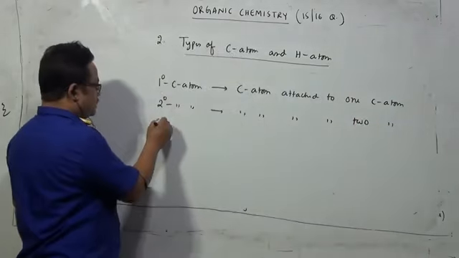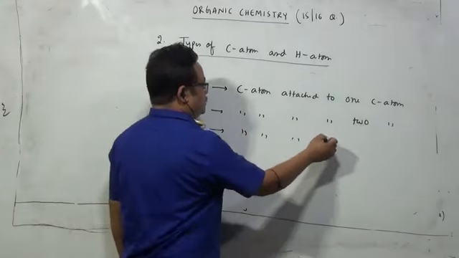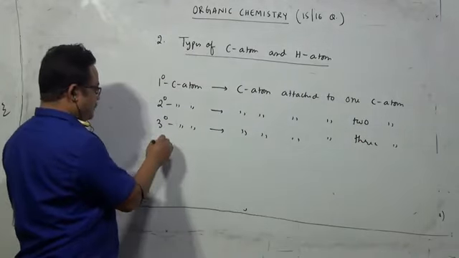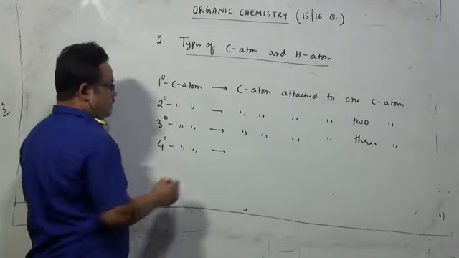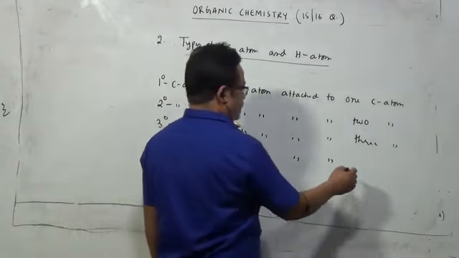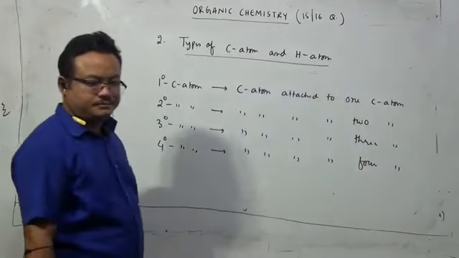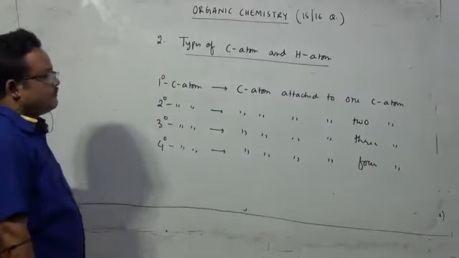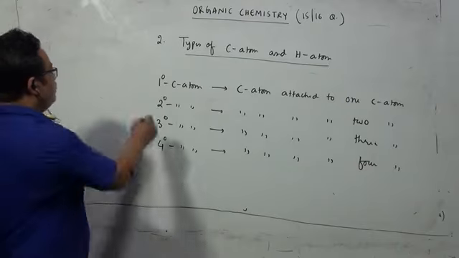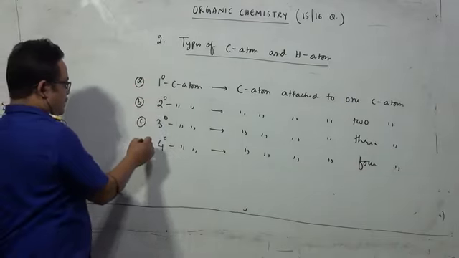Then we have the tertiary carbon atom, a carbon atom attached to 3 carbon atoms. Then we have the quaternary, or 4 degree, carbon atom, a carbon atom attached to 4 carbon atoms. So we have primary, secondary, tertiary, and quaternary carbon atoms.